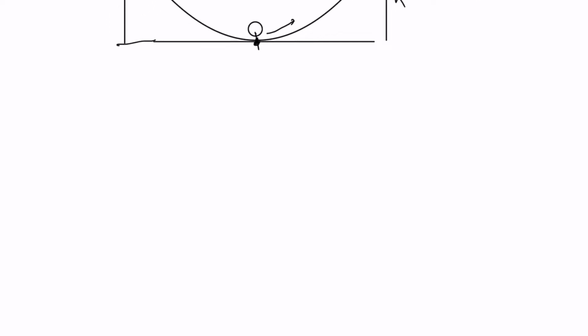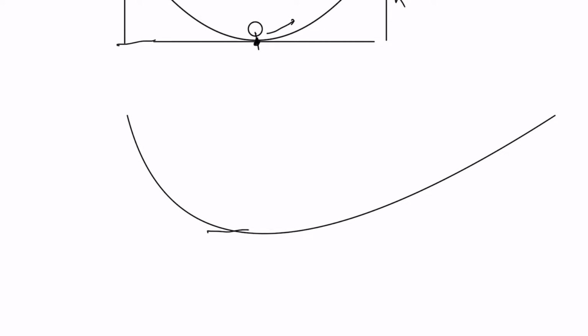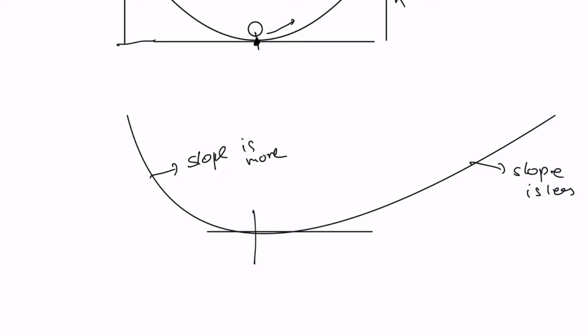The next one, he took another surface like this shape. See here, the slope is more. Now here the slope is less. Again the ball is taken here. See, from the ground it is at height h. So this ball is rolling on this surface.